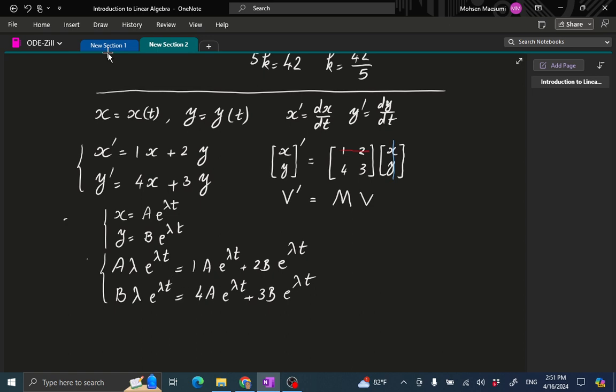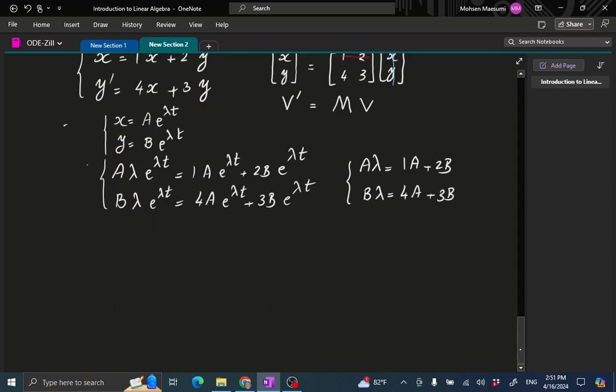Now I look at this and see I have exponential of lambda t everywhere. I divide by that and I get something a lot less cluttered. So it becomes a lambda is equal to 1a plus 2b, and b lambda is equal to 4a plus 3b. Let's write this in a matrix format.